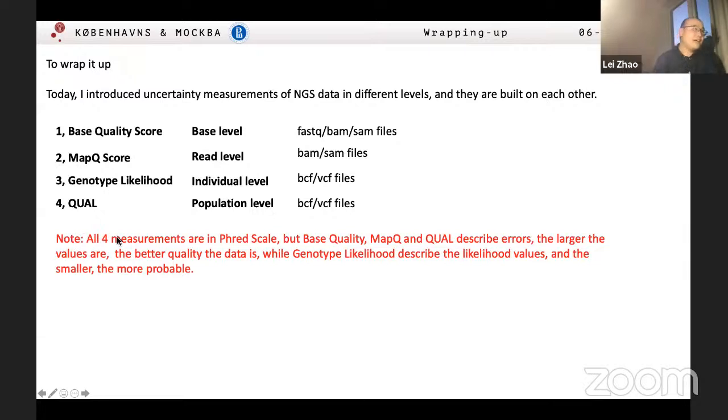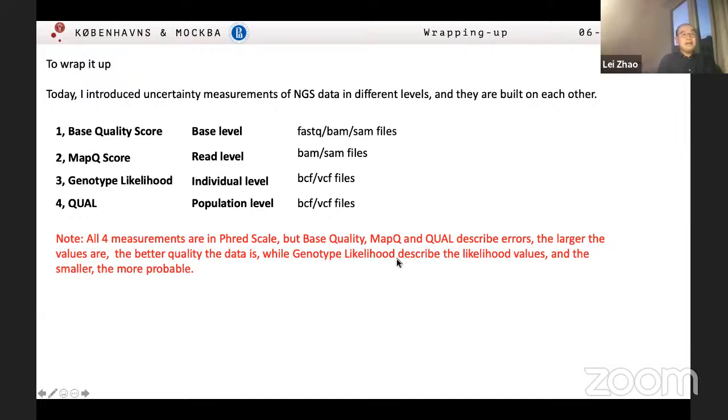And I should mention that apart from genotype likelihood, the other 3, like 1, 2, and 4, measure a kind of error. So the larger this Phred scaled score is, the better the quality is.